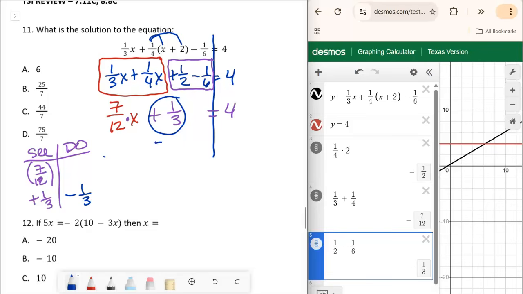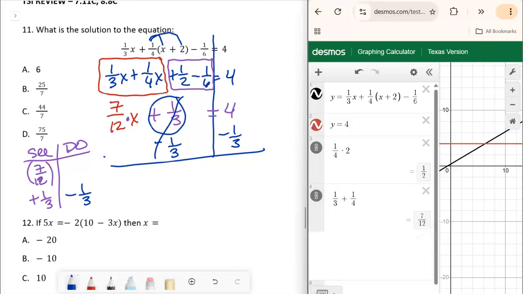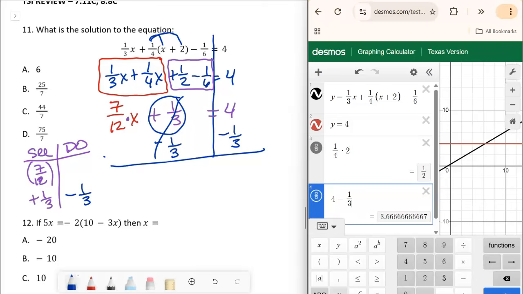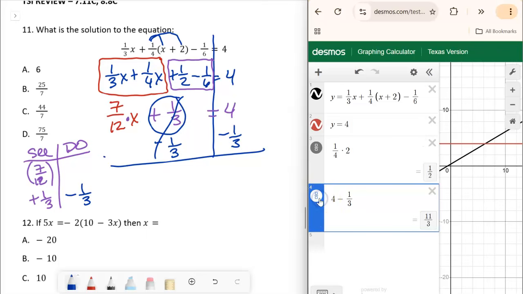So minus 1/3 on both sides. So that's 4 minus 1 over 3. Hit the fraction button. That gives you 11 over 3 equals 7 over 12x.